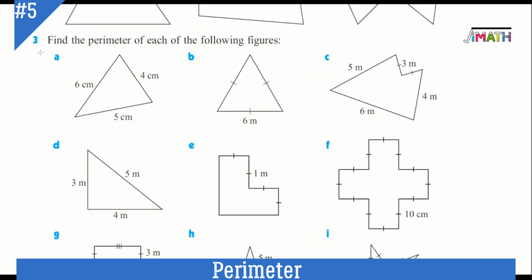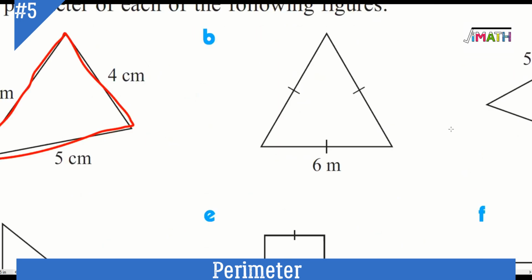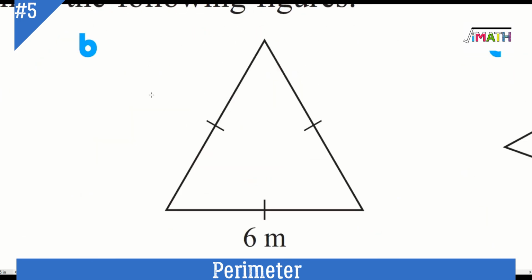Okay. So what do you think? What's going to be the perimeter of this triangle? 6, 4, 5. 15. Yeah. So what do you think about this triangle? Isn't it isosceles?